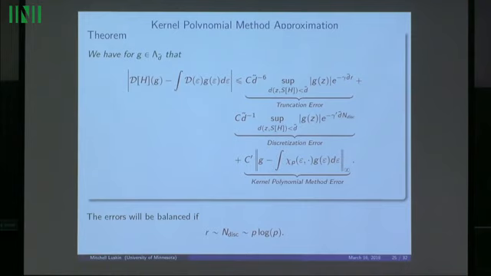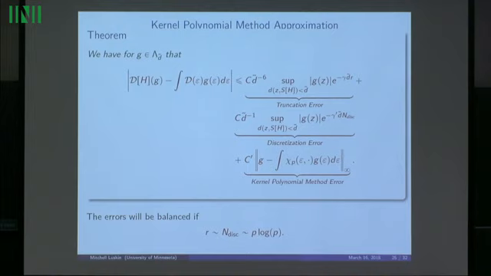And we also have an error in the kernel polynomial method, this method involving Chebyshev expansions. One of the main approaches in numerical analysis is to look at a problem, get an estimate for all the sources of error, and then try to optimize your method.